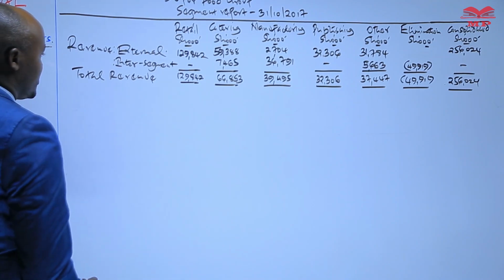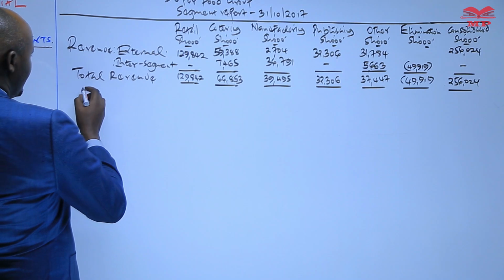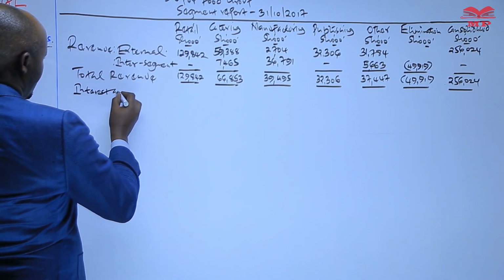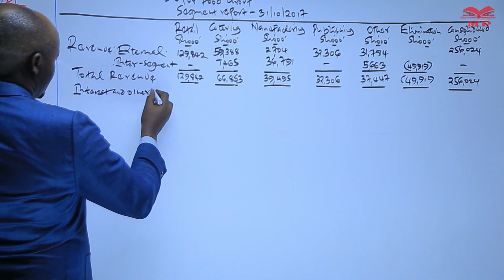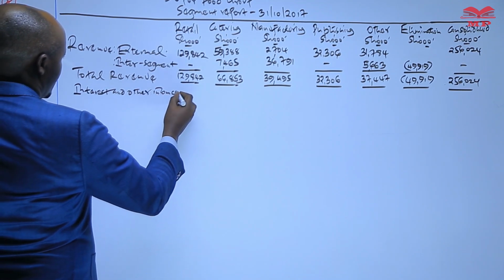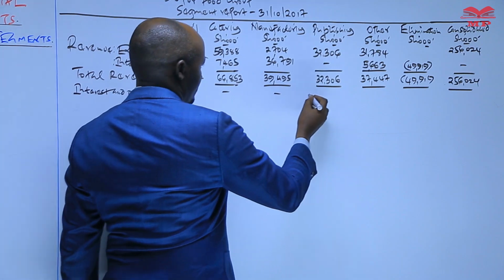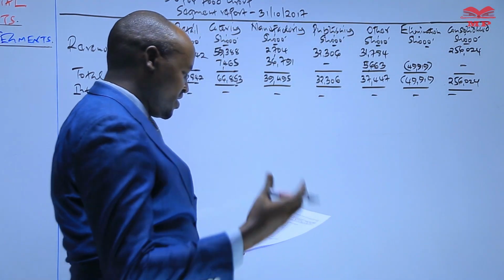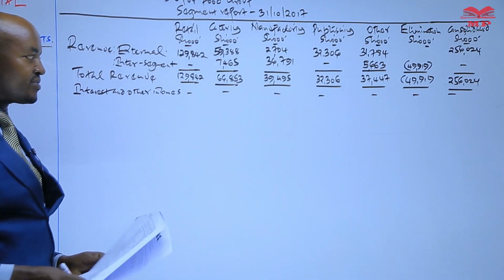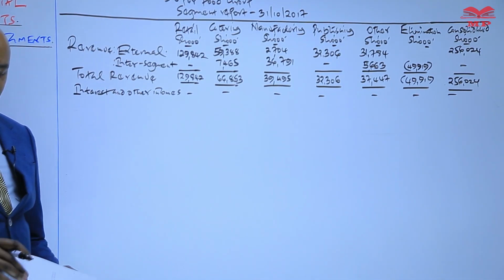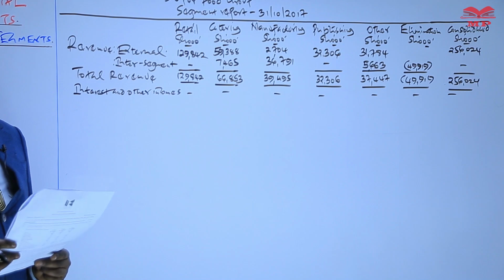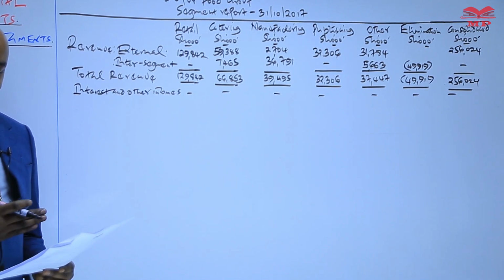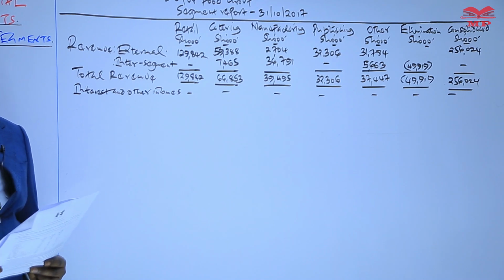Now, after recording this information about revenue, next we record information about the interest and other incomes. But if you check the information given in this question, the examiner has not given us any information about the interest and other incomes of individual segments. That's why, if you go to the requirement of this question, the examiner was requiring that we prepare the segment report as far as the information provided above will allow.